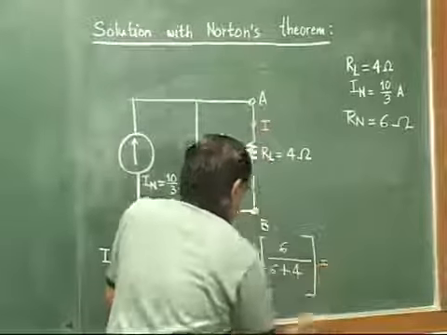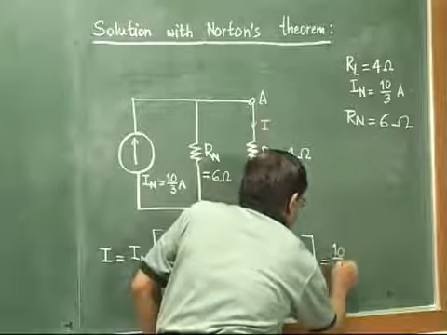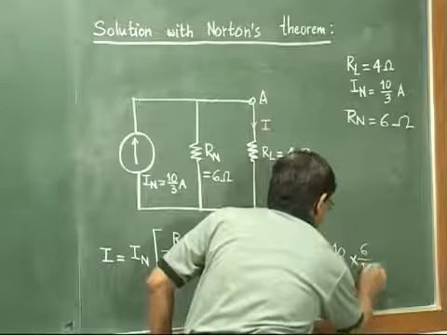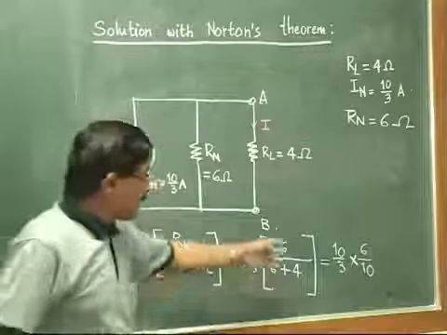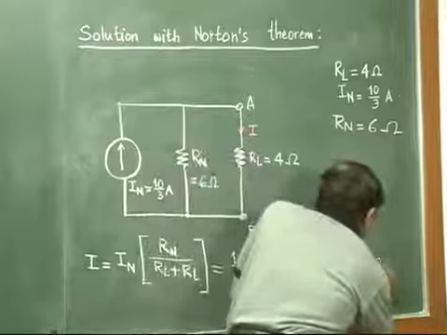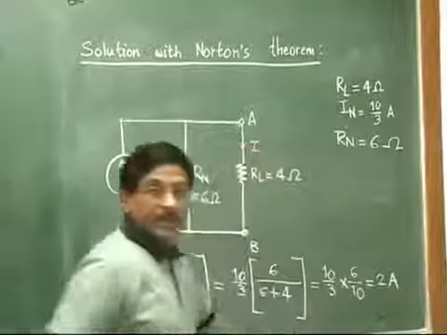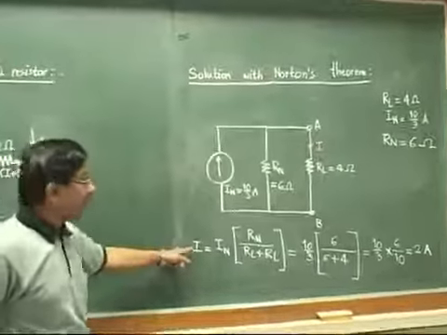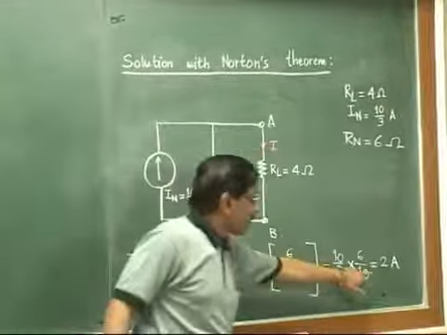So we get 10/3 into 6/10. The 10 will be cancelled and 3 2s are 6. Again we get the same answer of 2 ampere.